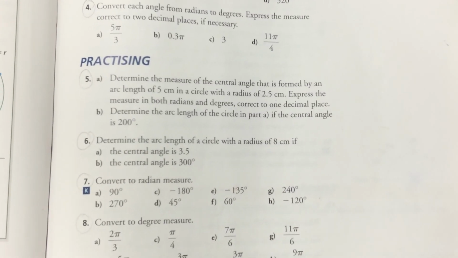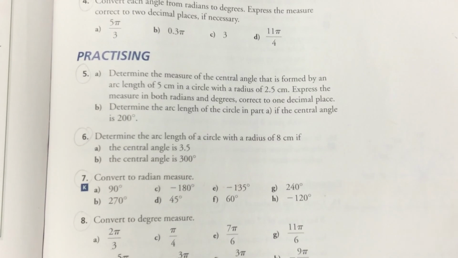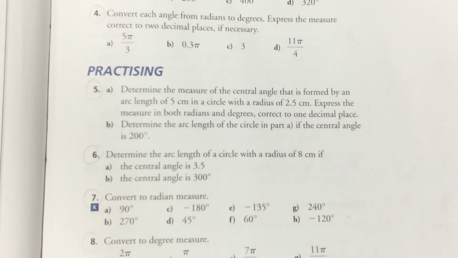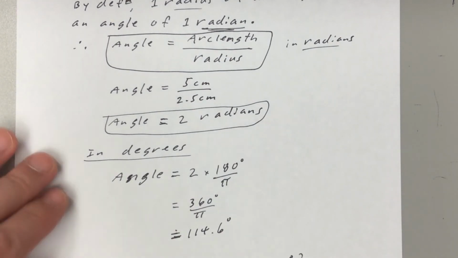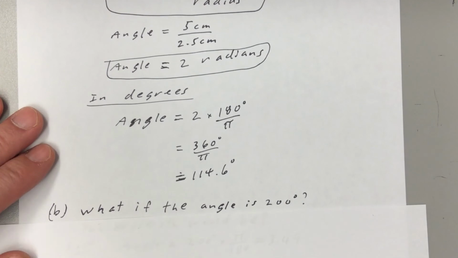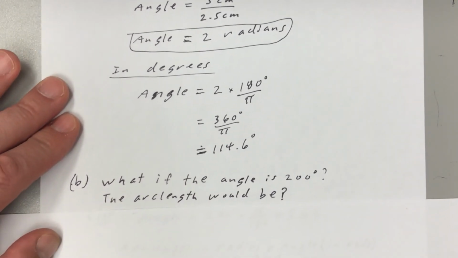Determine the arc length of the circle in part A if the central angle is 200 degrees. So now you're given the angle and you want to figure the arc length. What if the angle is 200 degrees? The arc length would be, well, that's what we're trying to find out.